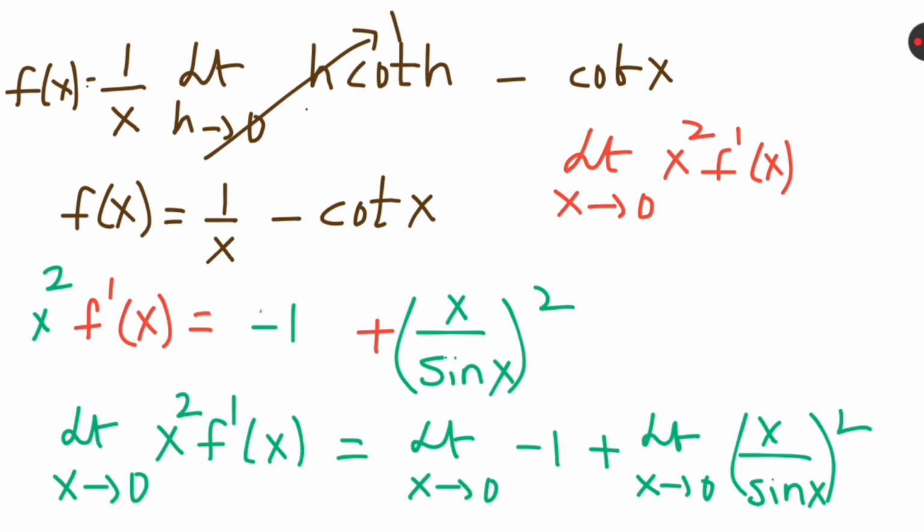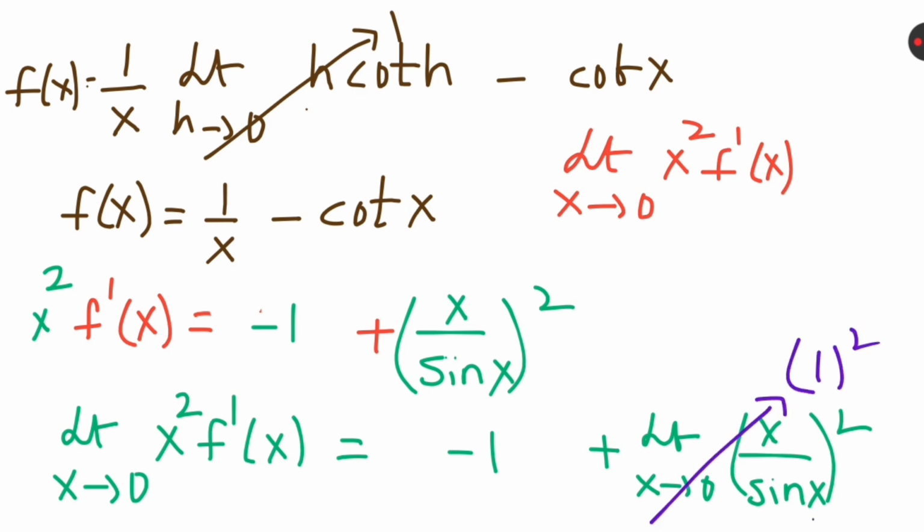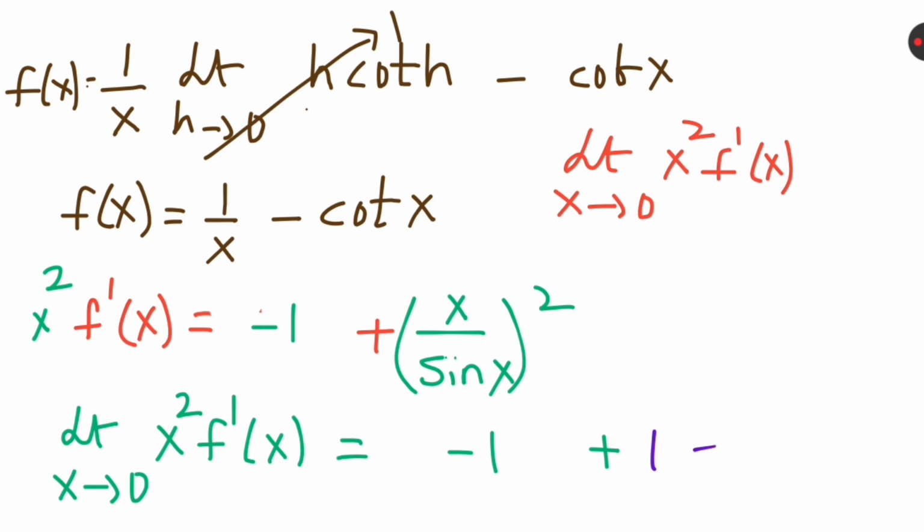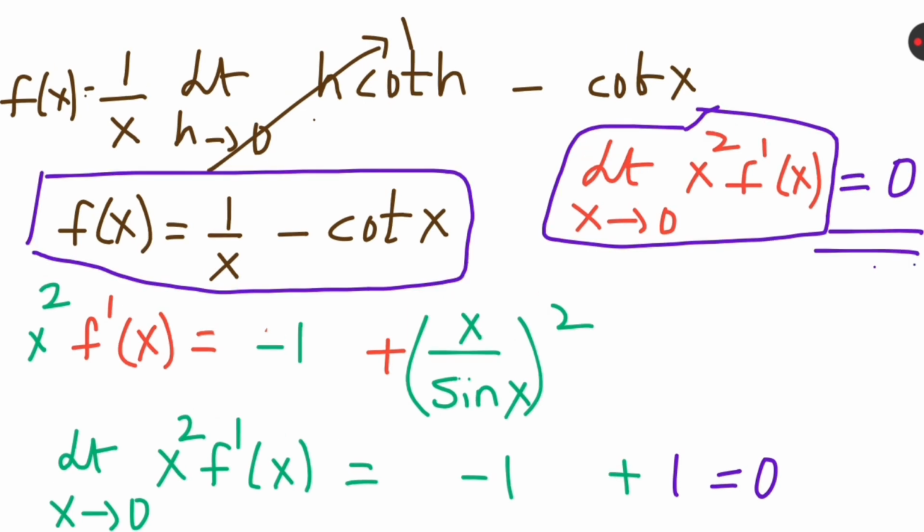For the first term we left only minus 1. In the second term, limit x tends to 0 x over sin x, the value is 1. So this value is 1 and we have a power 2. So 1 power 2 is nothing but only 1. Plus 1 the value is 0. So finally limit x tends to 0 x raised to power of 2 f derivative of x, the value is 0. So like that you have to simplify step by step. Then you can get the answer very easily.